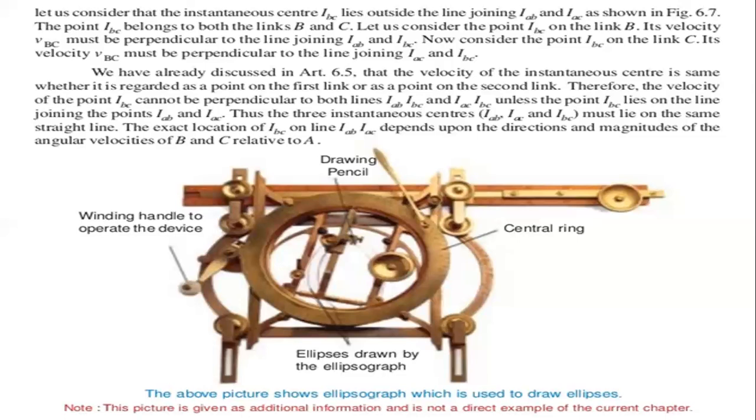So this is the ellipsograph, which is used to draw ellipses, and it has three instantaneous centers. These are the three points which come under a straight line, and we have taken this as an example of these three points, as an example only, not as a reference point.